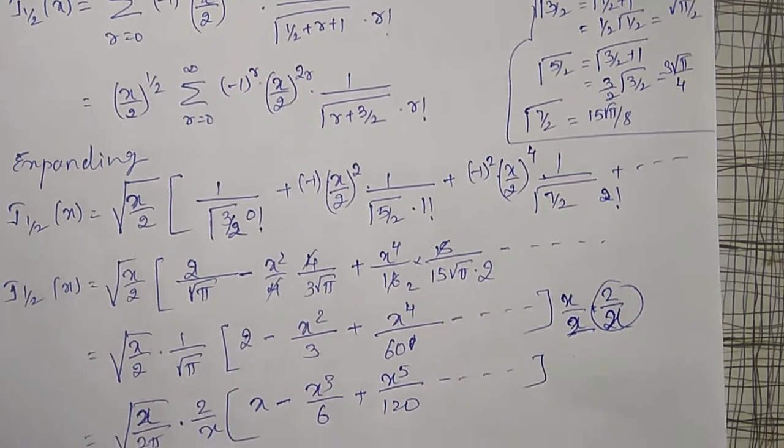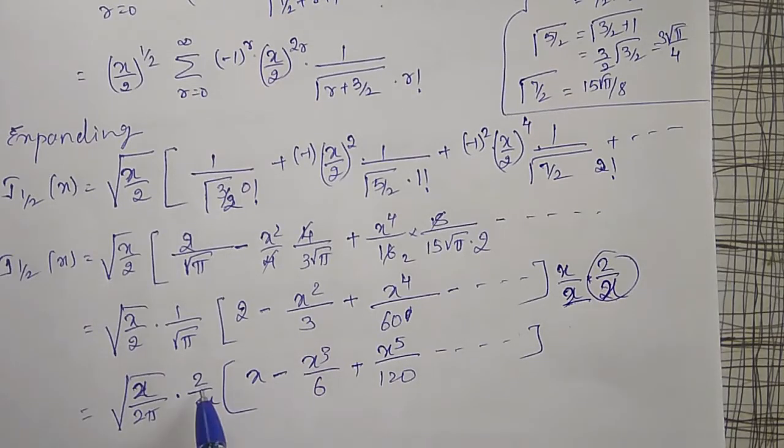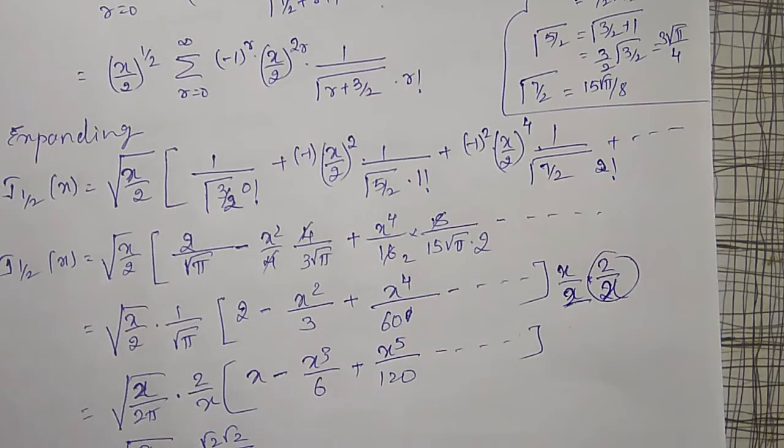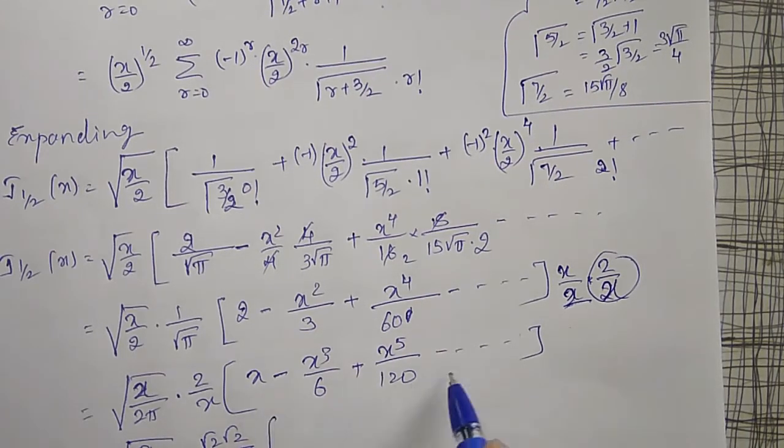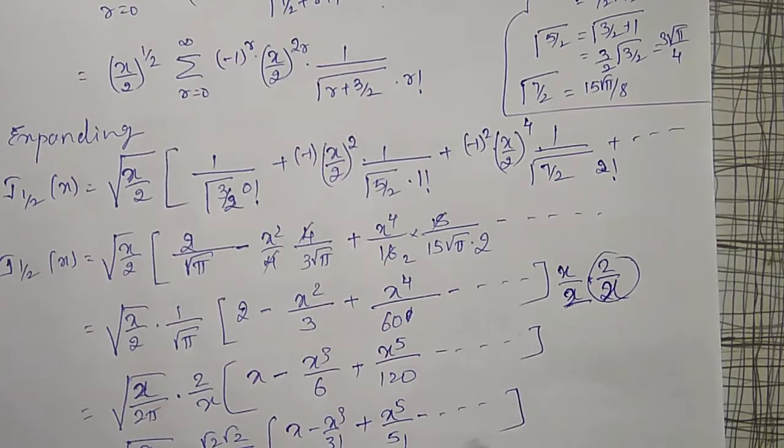Just see now, this is square root of x divided by 2 pi, and this 2 I will write as root 2 into root 2, and this x I will write as root x into root x, and this series is nothing but x minus x cube divided by 3 factorial plus x raised to 5 divided by 5 factorial, minus and so on.